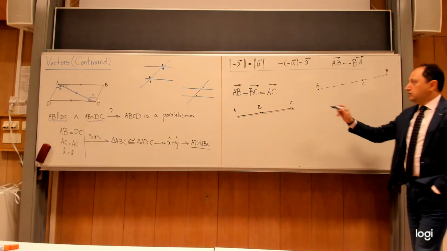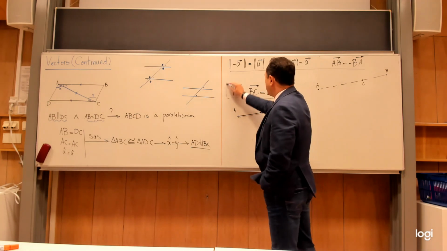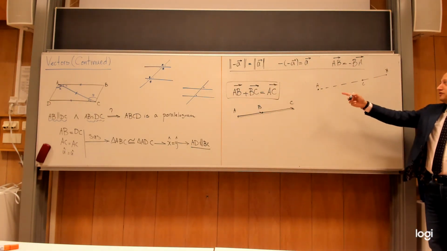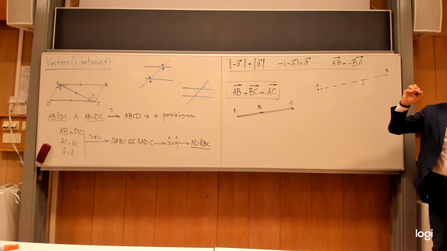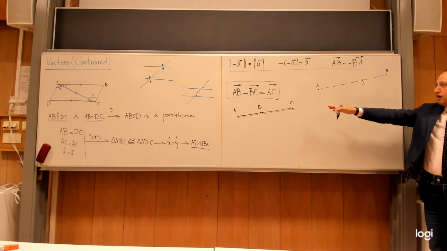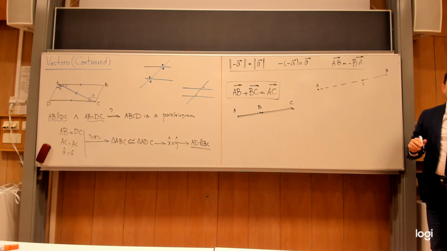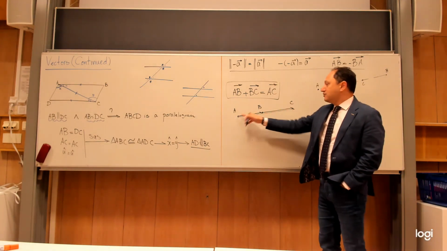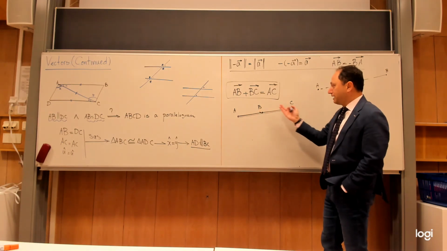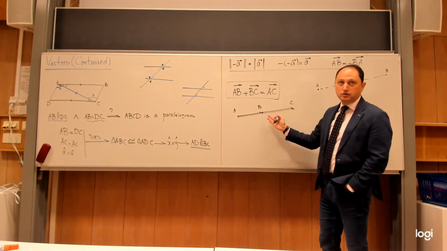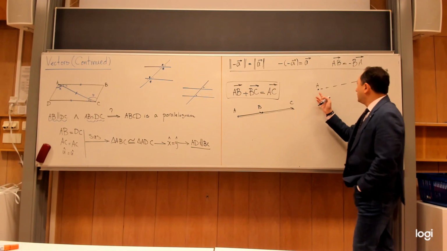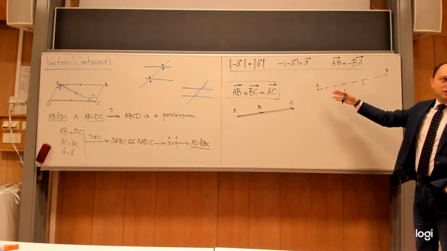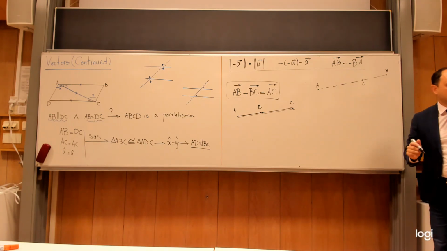Because if I want to trust this from now on and use it as a theorem, then it means that it should survive for all possible configurations of these 3 points. So one possibility was this: if these 3 points are lying on the same line and B is between A and C, it was true. Now they are still lying on the same line, but this time I am considering C between A and B. Do you think that this is still true?